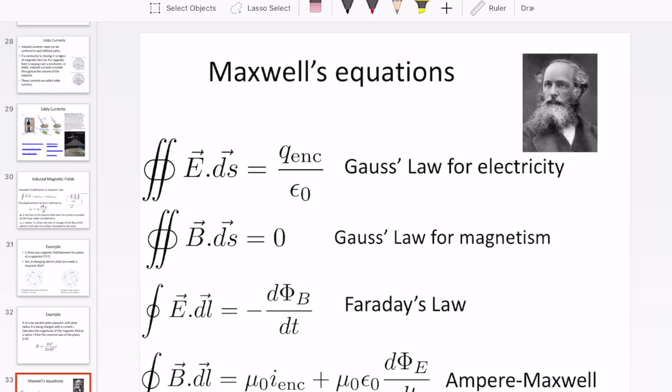And amazingly, it tells us something about the world that we didn't know, that a fluctuating electric field can create a magnetic field. So that's an amazing thing, where the mathematics tells you something that you didn't know about the world. You learn something mathematically before actually seeing it in the real world.